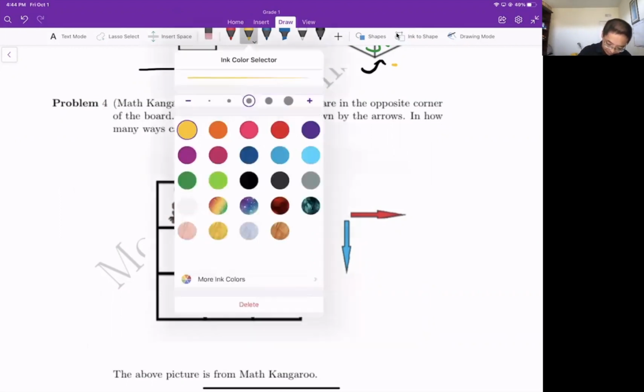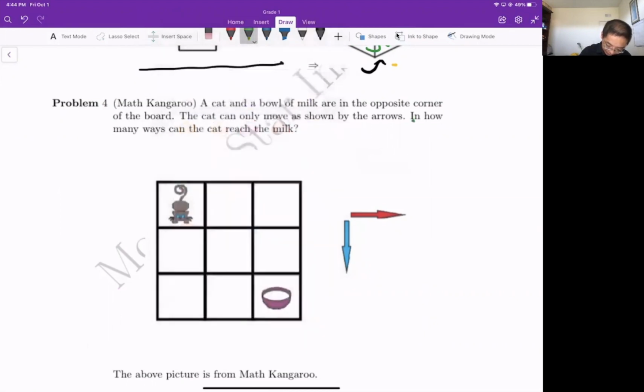Okay, so first, the cat can go this way, and this is one way to reach the milk. Or the cat can go to here and then go down and then to this. This is the second way.